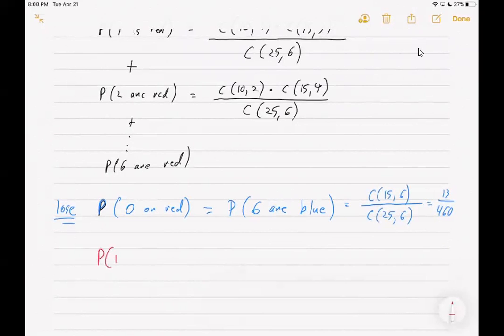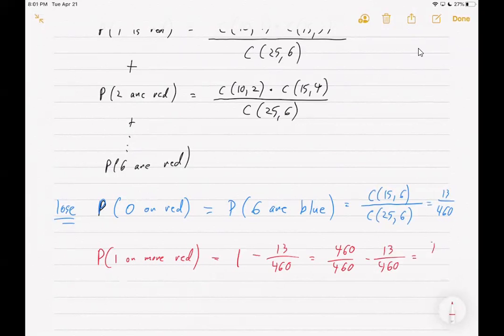instead of looking at getting 1, 2, 3, 4, 5, and 6 reds, I can simply take 1 minus the probability of not getting any reds. Okay, and then we could say that's 460 over 460 if we want to get an exact answer, minus 13 over 460.